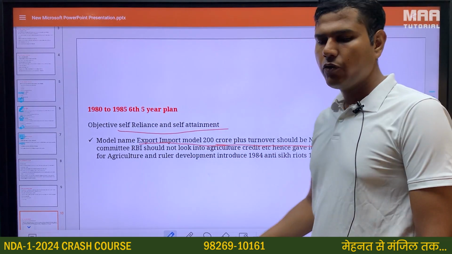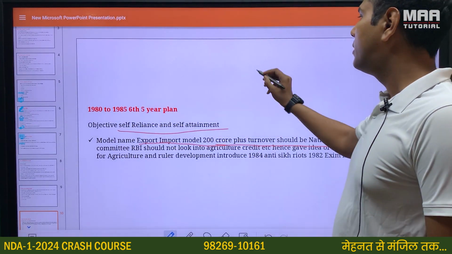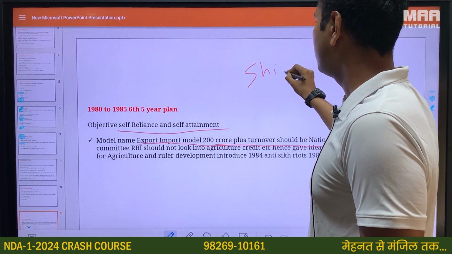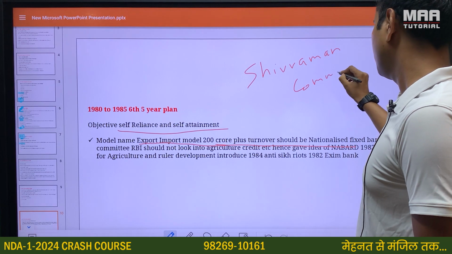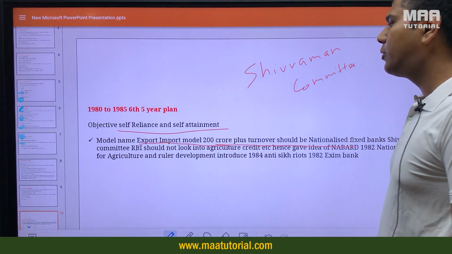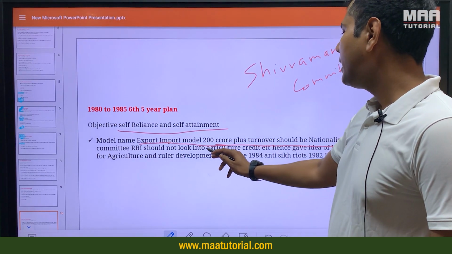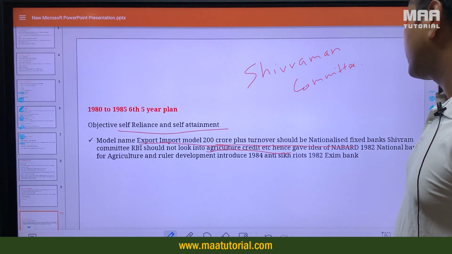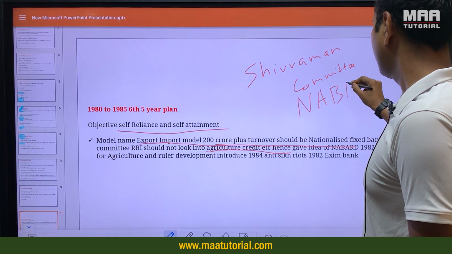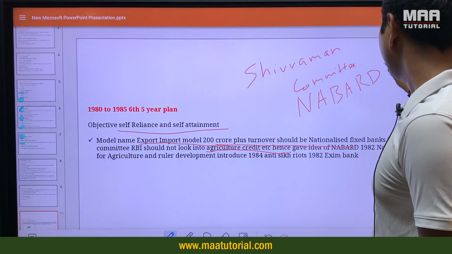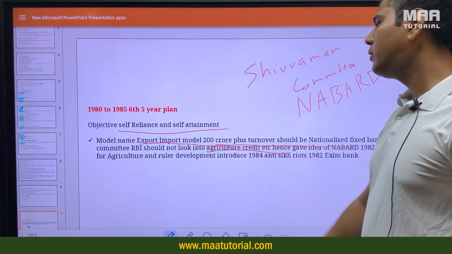Okay. So further, there was nationalization of certain banks, and a very important idea, Shiv Raman Committee. Shiv Raman Committee suggested that RBI should not indulge in agriculture credit and so on, and NABARD should be formed, National Bank for Agriculture and Rural Development.